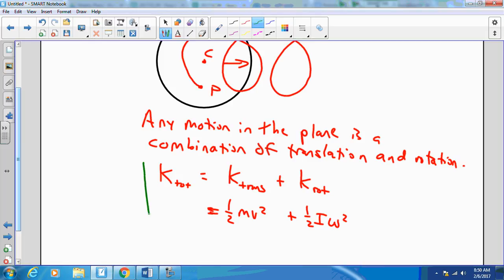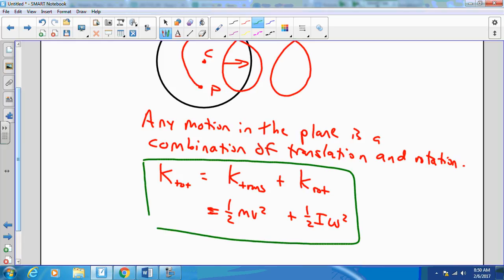And if you want to think of this formula as the one that summarizes what we do, it's really this. And to use it well, all we have to do is to identify the appropriate point of rotation.